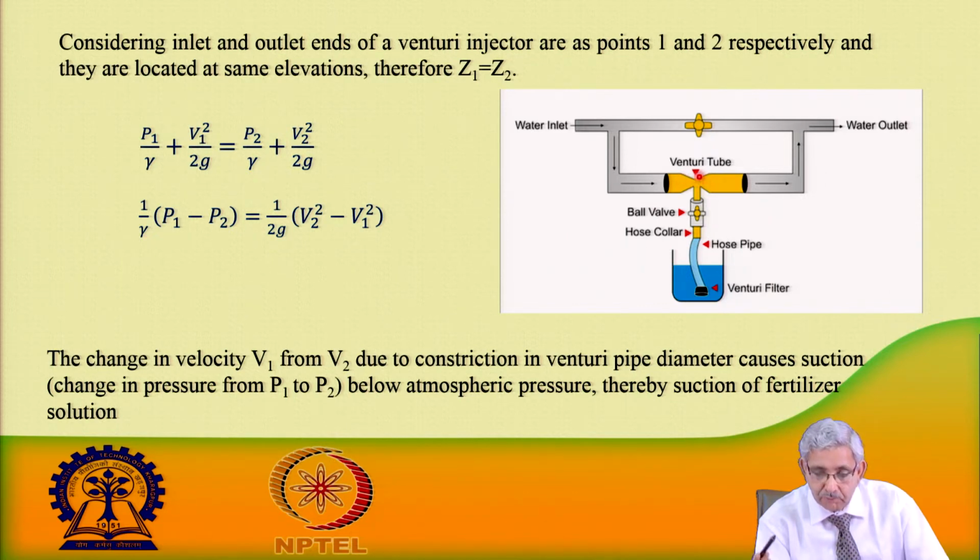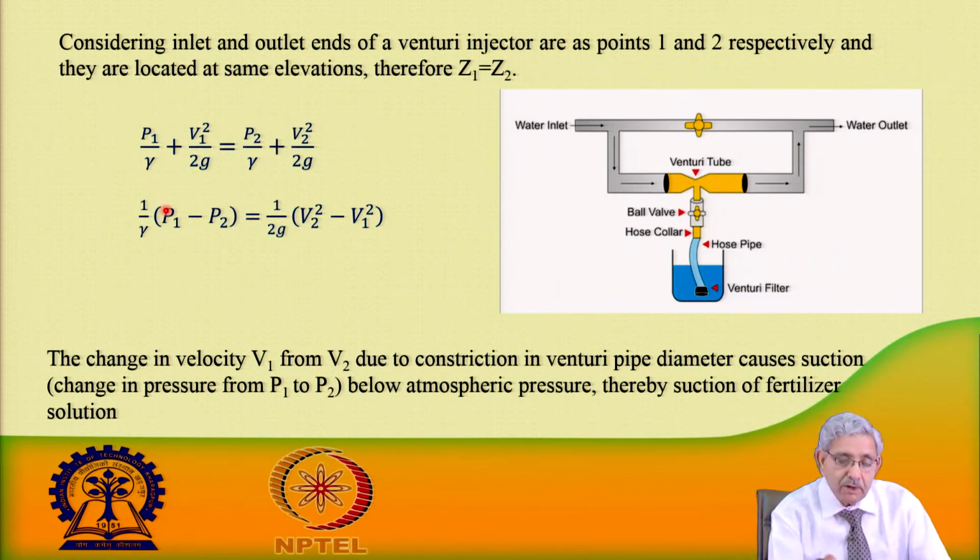At this point, because of the constriction, the area of flow reduces, that causes an increase in the velocity of flow, and there will be a condition when the pressure head at this point becomes subatmospheric. So, the fertilizer which is kept in this tank will start injecting into the system.